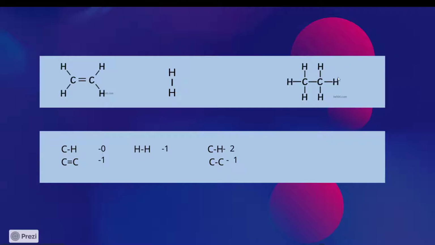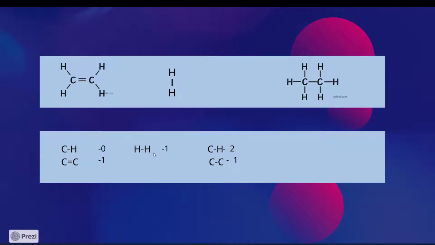Instead, we could simplify our math by just seeing what changes are happening here. So here we are breaking apart a carbon-carbon bond. We are breaking apart the hydrogen-hydrogen bond. And we are making 2 CH bonds here. And we're reforming 1 carbon-carbon bond here.